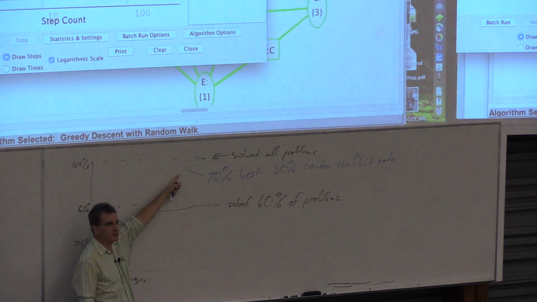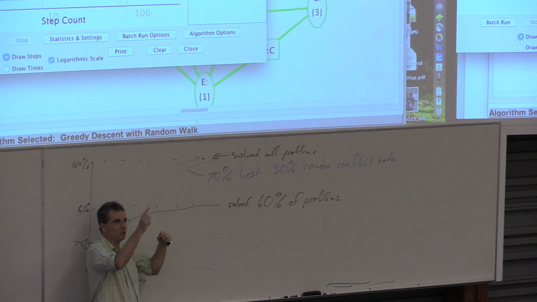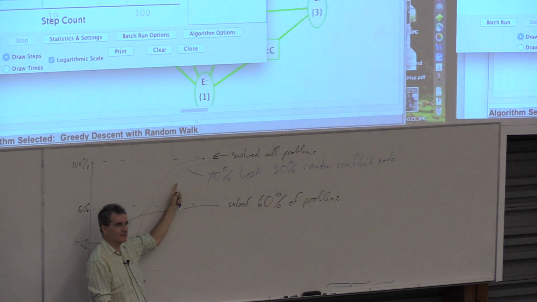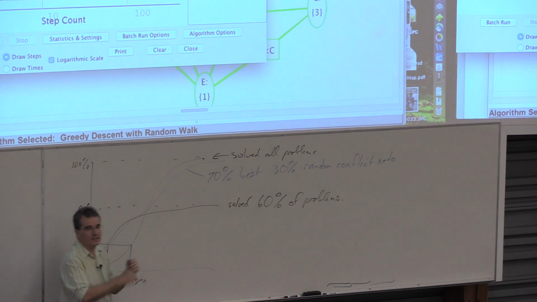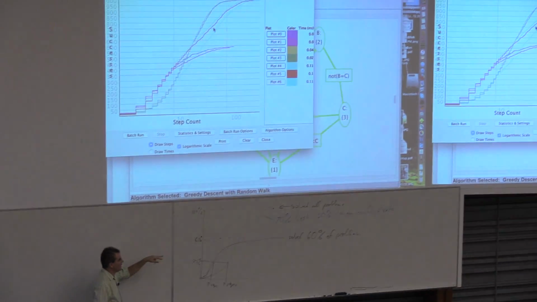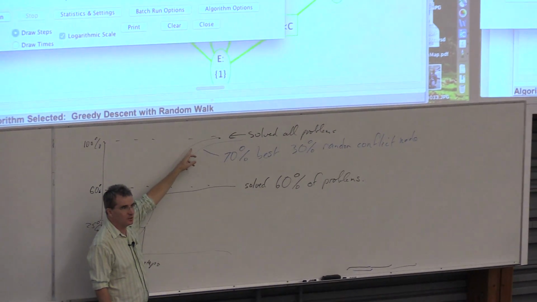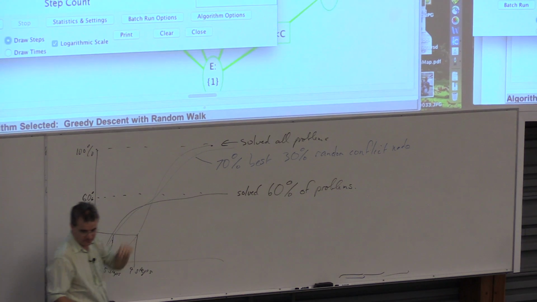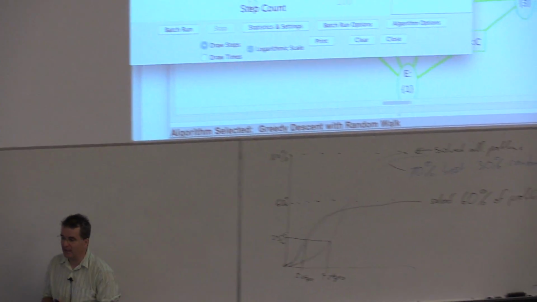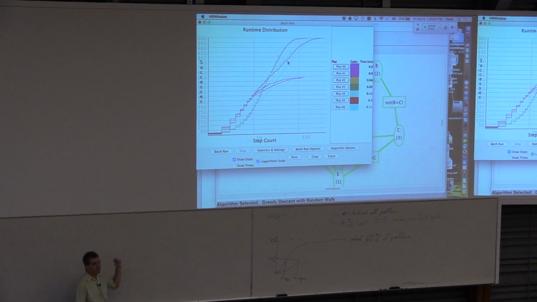These are the problems for which it starts a long way from the solution and it's effectively walking around the wrong part of the space. It's got to walk randomly. It's got to do much more randomness to get out of this local minimum. That is what's going on here. So randomness helps us get out of these things which are called local minima. Because I think it's clear what this is showing us.